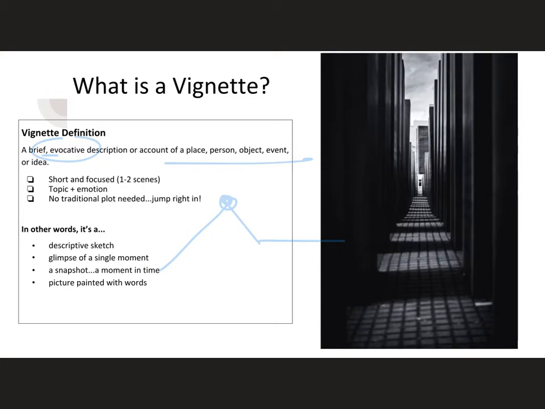So for example, your vignette could be just the rising action, and that's okay. Your vignette could be literally the moment of the climax, and that's okay. We're talking about minutes and hours here. It's short. It's not weeks and days, and that's okay to not follow the conventions of traditional storytelling.